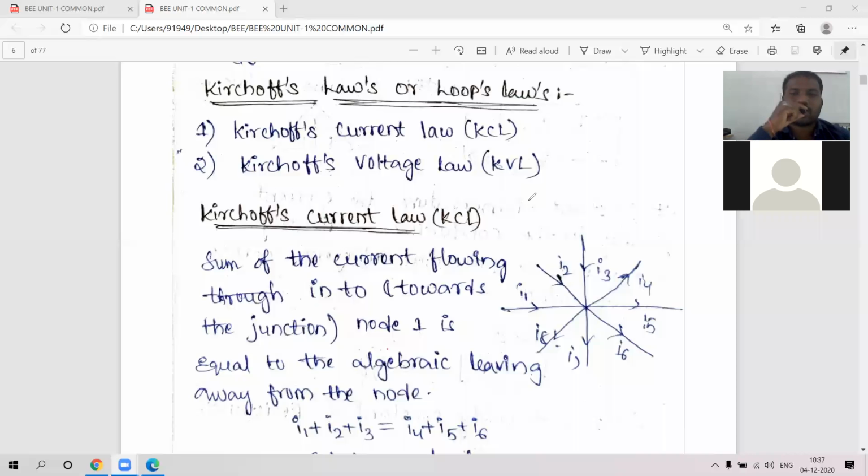After aligning, all these electrons will be attracted towards the positive terminal of the battery, which is nothing but electromotive force. Electro means electron, motive means motion, and force is the battery which we have given. So that is the EMF.